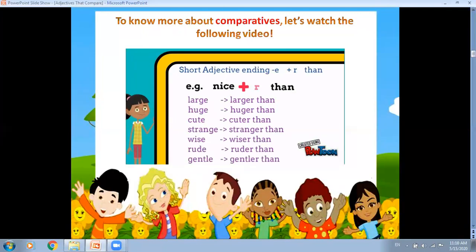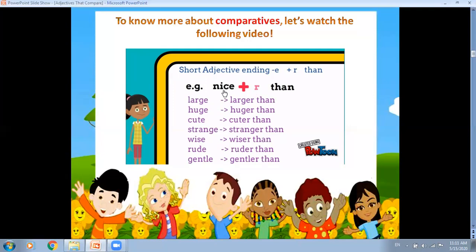What about this one? When the adjective ends in E, drop the E and add ER, or you can keep the E and add R only. So you can use both ways. Let's check.